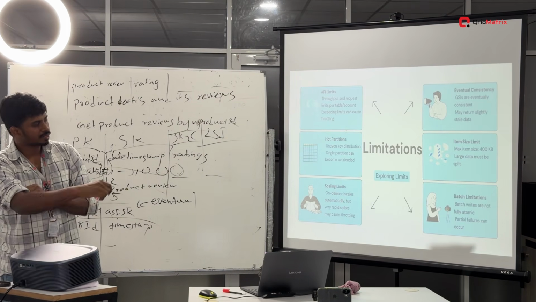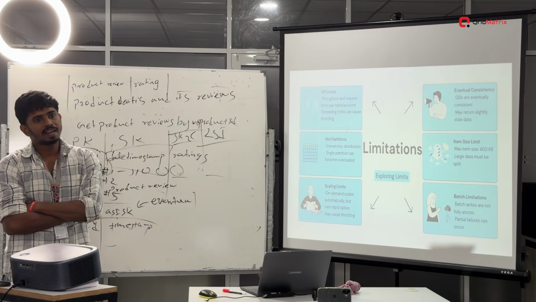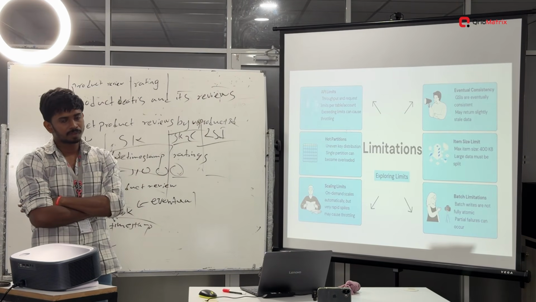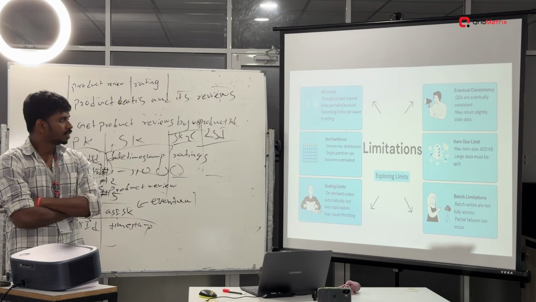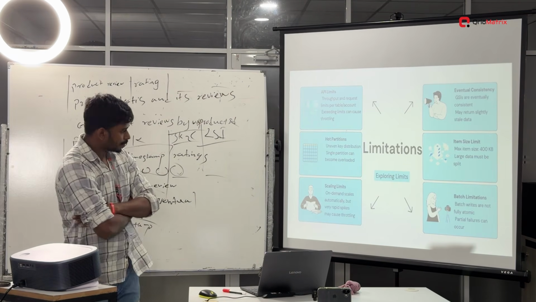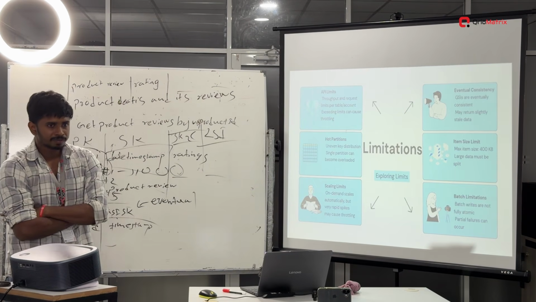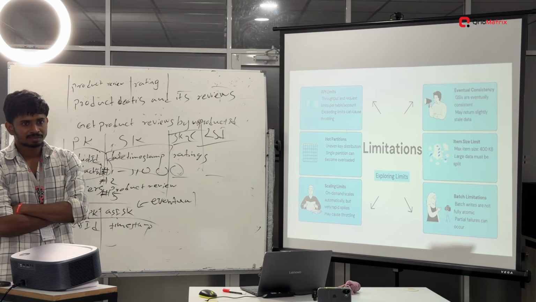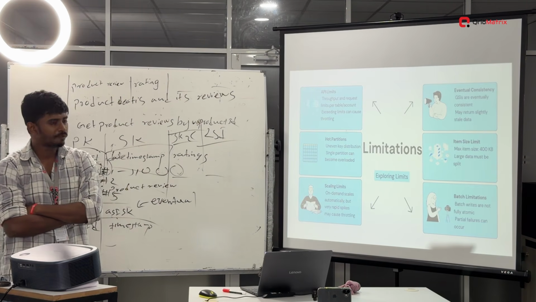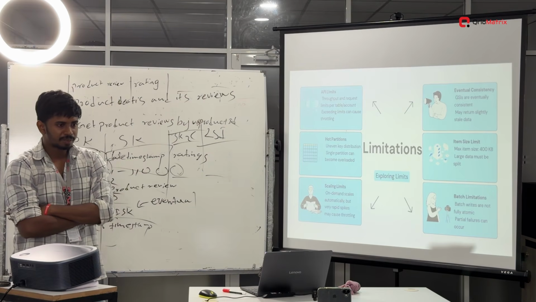And they have an item size limitation. In DynamoDB, we can have 400 KB for a single item. One single item can only be 400 KB. If the data is bigger than that, what can we do? Think your one item size is more than 400 KB.